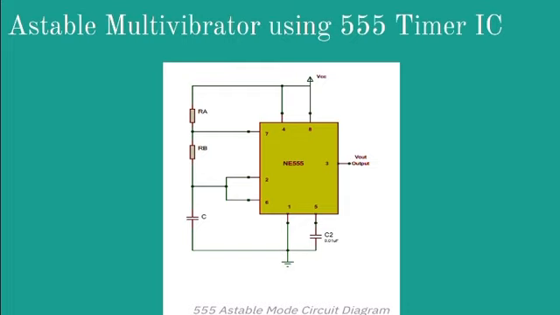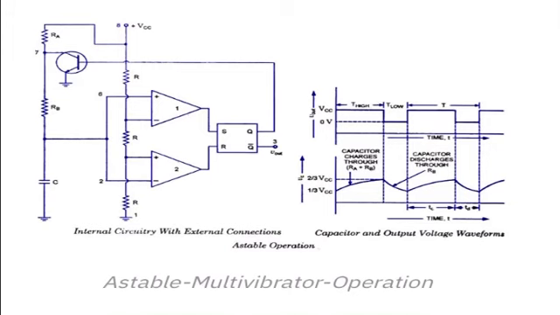Now let us see the working of this astable multivibrator. This astable multivibrator, as you know, is designed using a 555 timer. In this circuit, some pin connections are made.